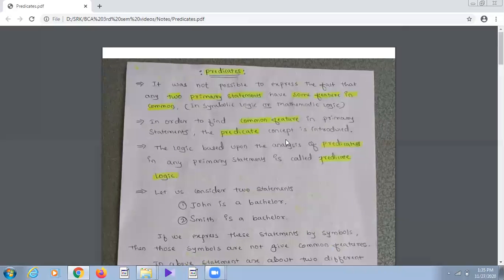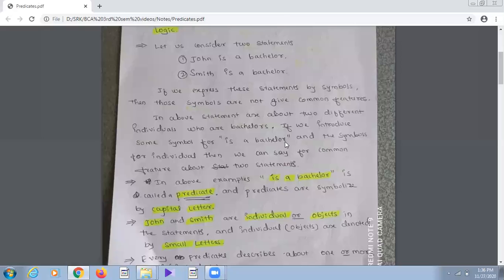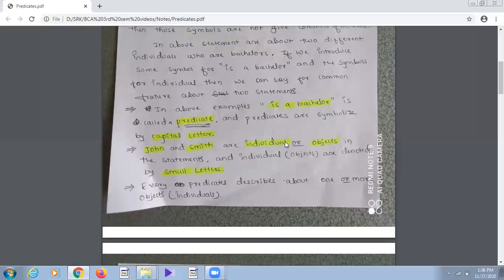So the only thing to remember is that the predicate is used to identify the common feature between the primary statements. Predicates are denoted by capital letters, and the individual or object by small letters. There are types of predicate: 0 place, 1 place, 2 place, 3 place, 4 place, up to n place.